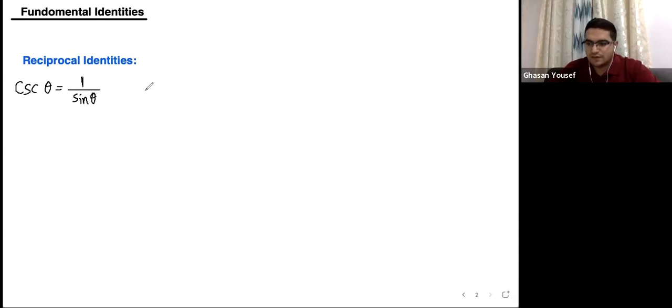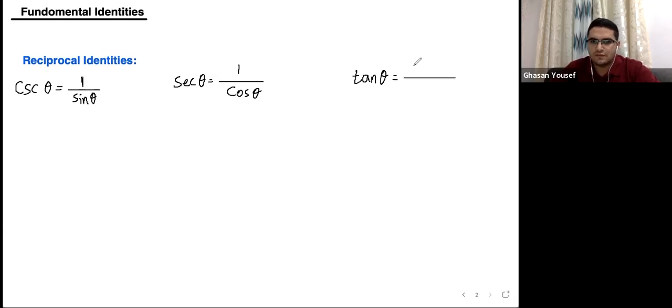Second, secant theta is the reciprocal of the cosine function, 1 over cosine theta. The third one is the tan. The tan function is equal to sine over cosine.